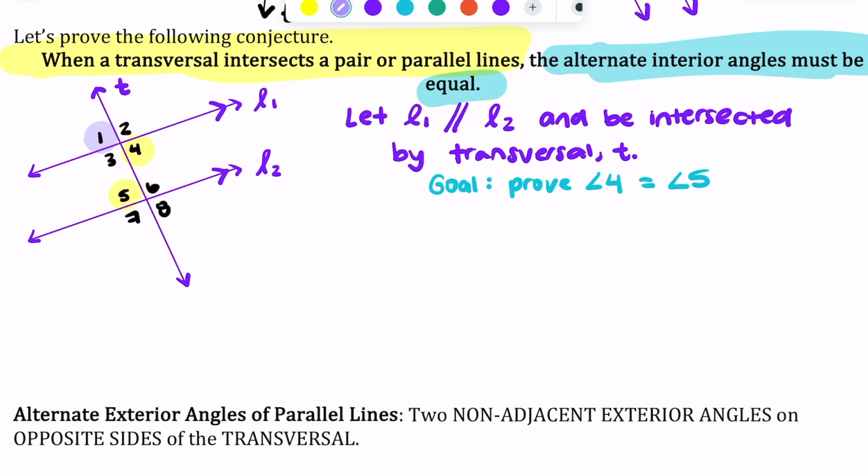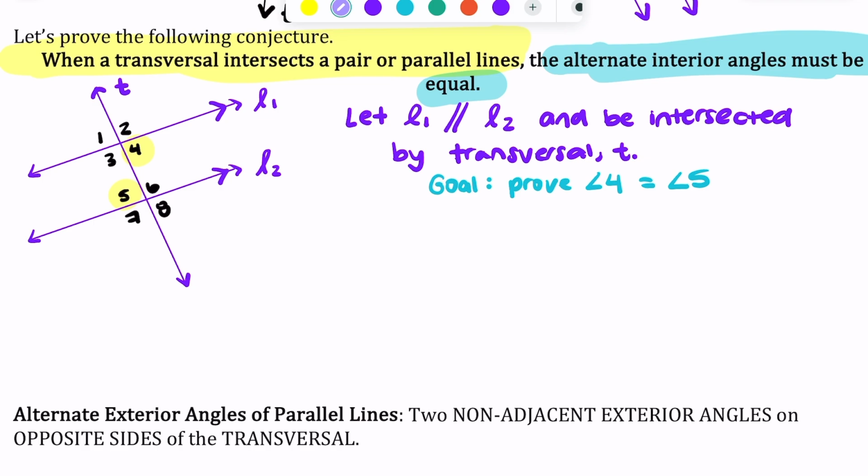I want to find an angle that has a relationship. Now, something I want to be aware of is that the relationships I choose need to actually be more than just a general relation. In vertically opposite angles, I know those angles are equal to each other. In corresponding angles of parallel lines, I know those angles are equal to each other.